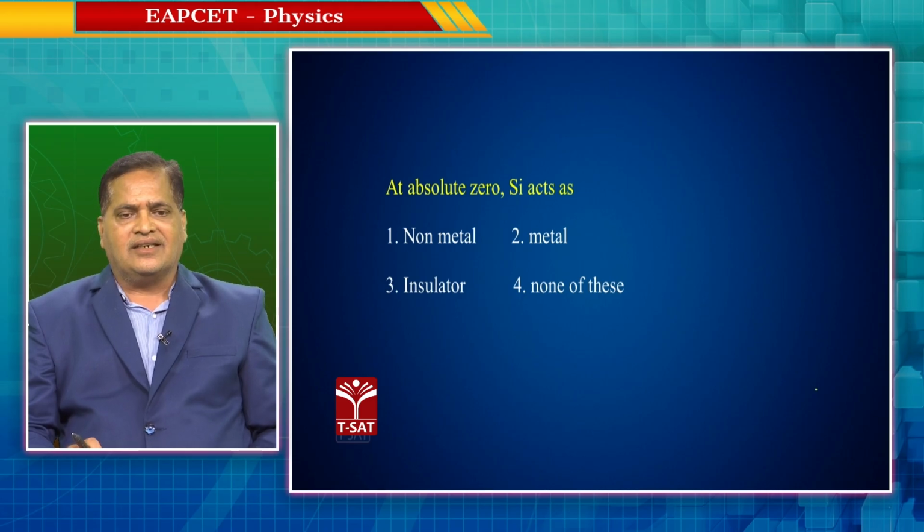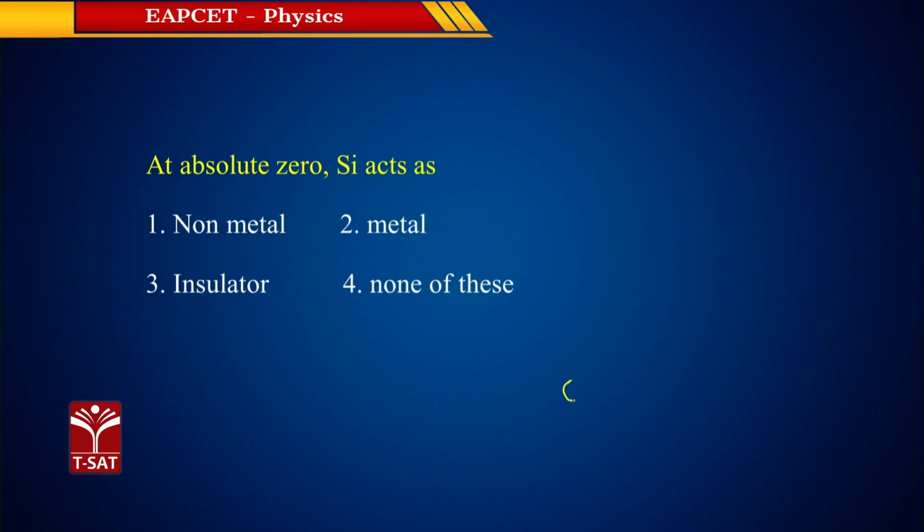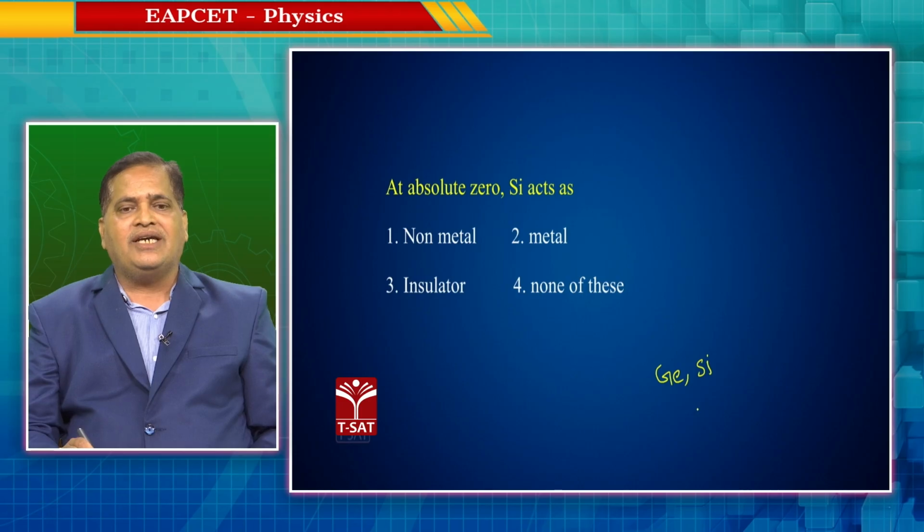In insulators, electrons are not allowed to move from one place to another place. See here, germanium and silicon act as an insulator at absolute zero, okay, but when temperature is increased, partial electrons travel from one place to another place. Keep in your mind.